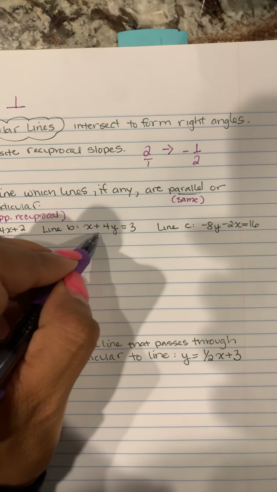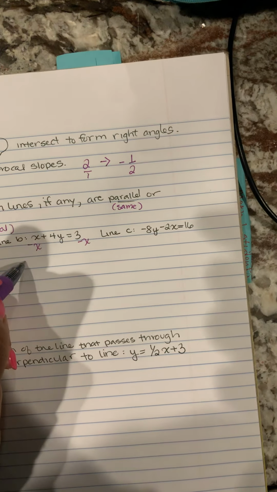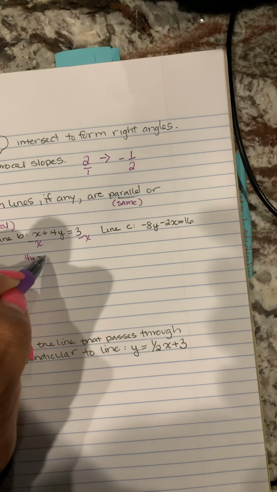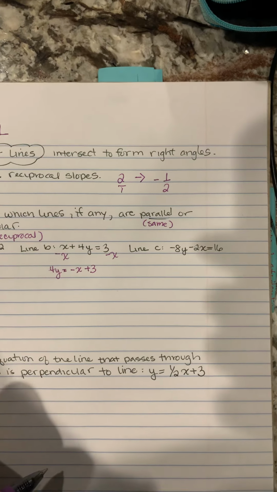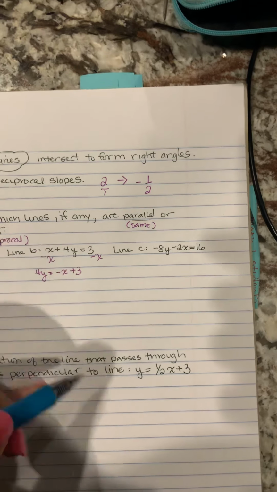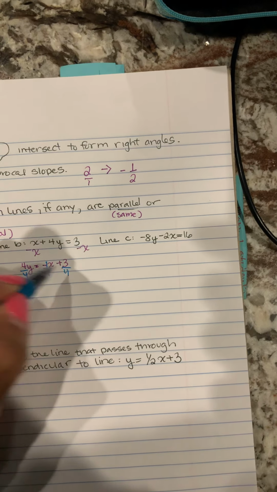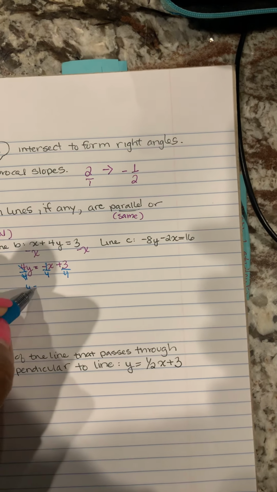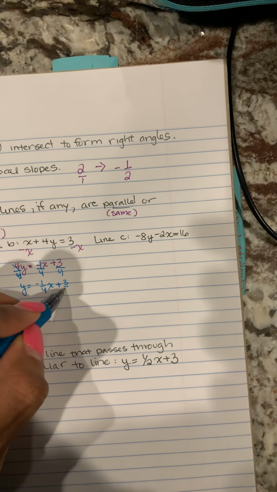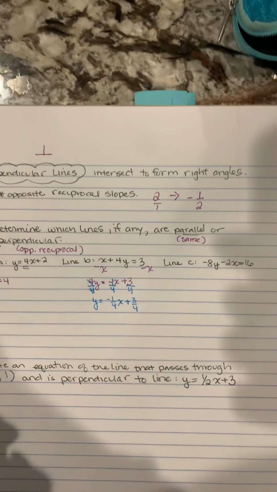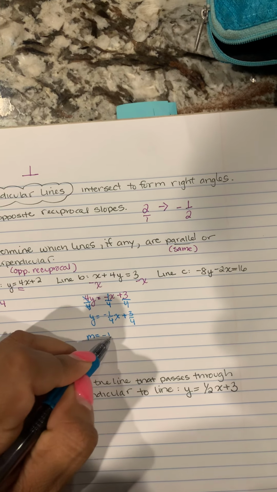We actually have to put it in slope-intercept form, so subtract x, and then divide by 4. So here, m equals -1/4.